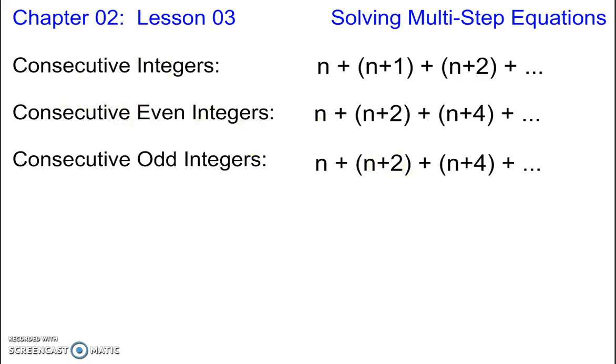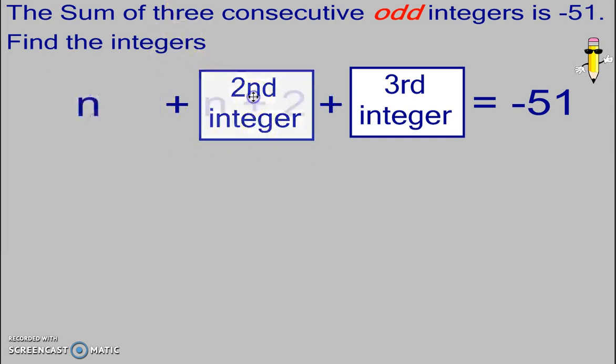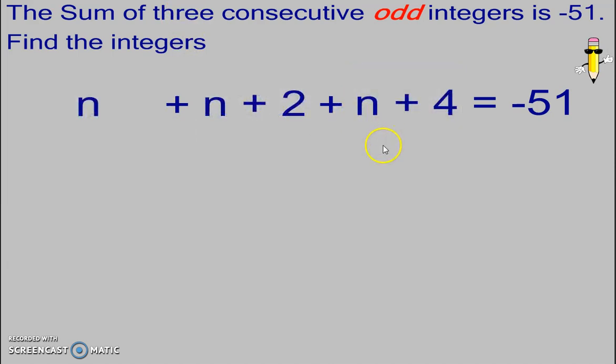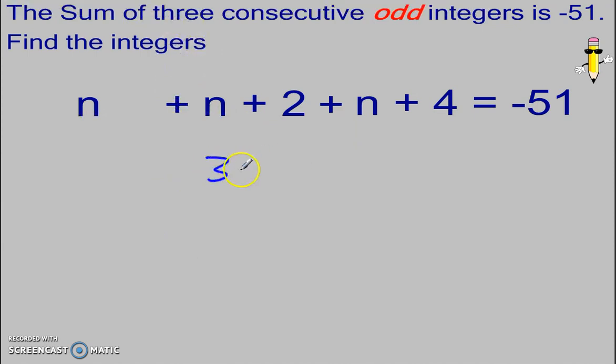And consecutive odd integers, you'd think, well, is the first one plus 1? Well, to get from 1 to 3, I also have to add 2. So it's also n plus 2. Solve this. Our three integers are, again, 3 n's, and 2 and 4 gives us 6, equals negative 51.